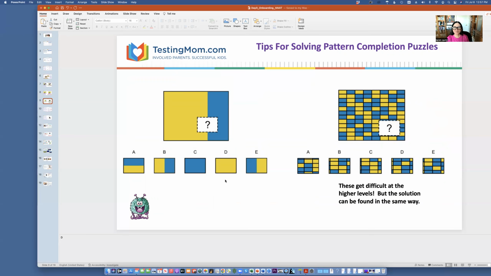Okay, so what you want to know is that the questions go from super easy to much harder. And so it really helps to start with easier questions first and get a feel for the type of question and how to do it. But it does get much harder later. There's a lot more detail in this.